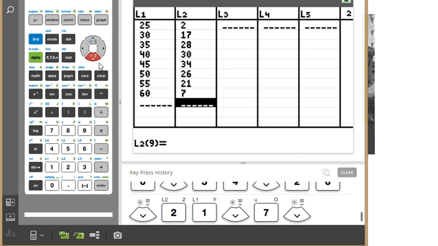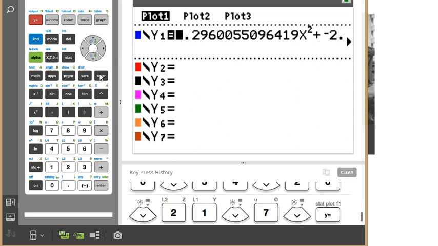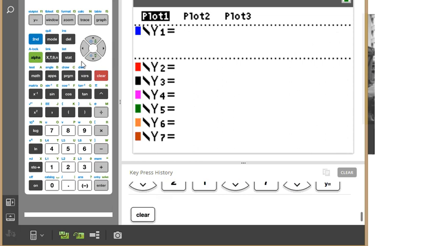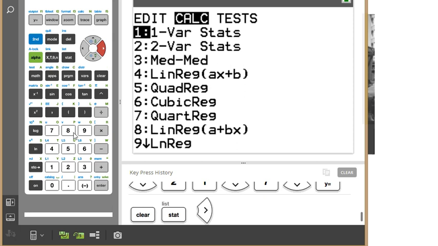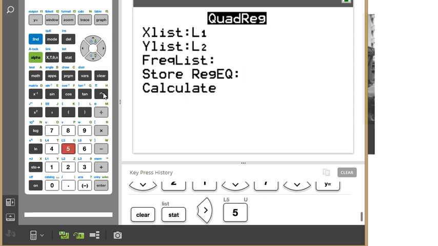We can go find out what the equation is. This time I'm going to write it down because it's harder to see when they get it out. I'm going to clear this function out here and go to Stat, Calc, Quadratic Regression, down, down, down.